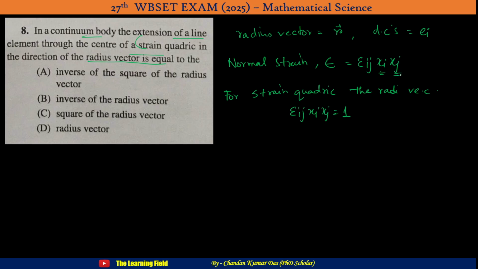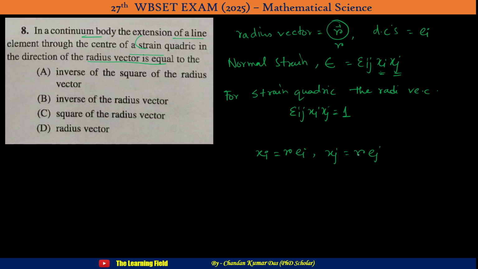And what are these xi and xj? Since r is the radius vector, if small r is the magnitude of that radius vector, then we can write xi equal to r into the direction cosine e_i, and similarly xj equal to r e_j.